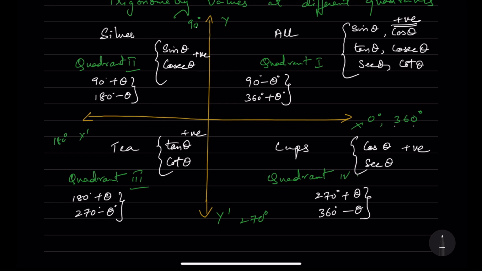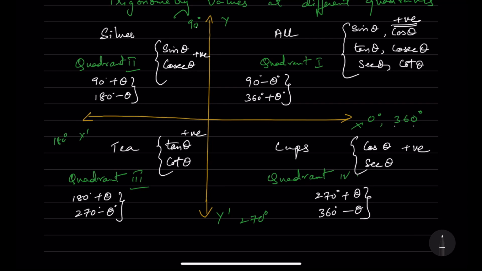So wherever you're having this in the place of theta, if you take cos 270 plus theta, it will be positive in this fourth quadrant. If you're taking cos 360 minus theta, you'll get it positive in the fourth quadrant. Secant 360 minus theta in the fourth quadrant will be positive.